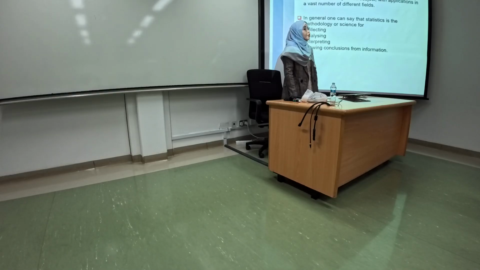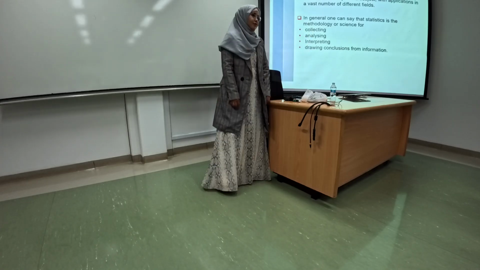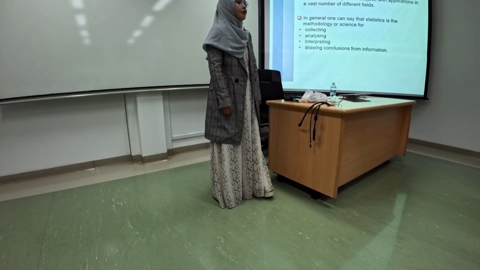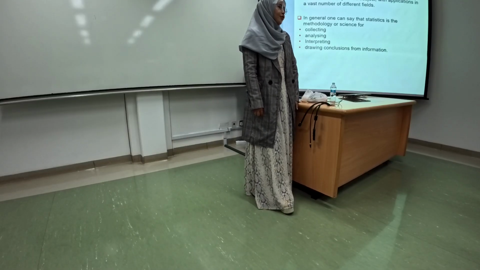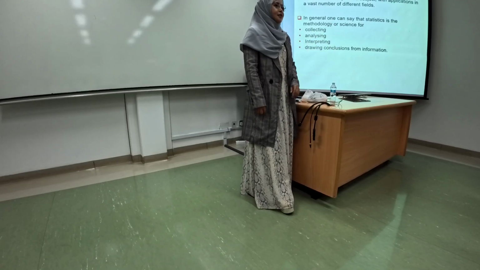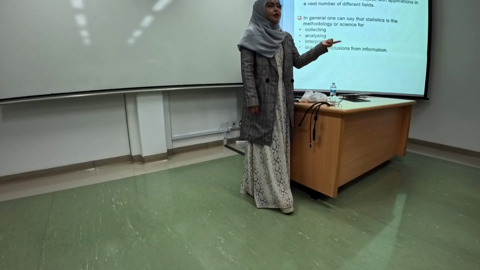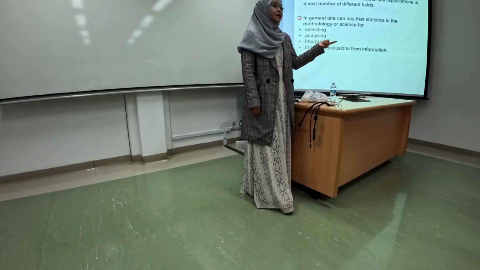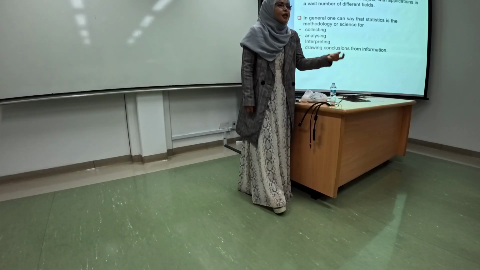If you know how to interpret, finally you have to draw conclusions from the information you analyzed, from the information you collected in the initial step. Interpreting and drawing conclusions are a little bit comprehensive, but not difficult, because you know from the beginning what kind of sample you collected.